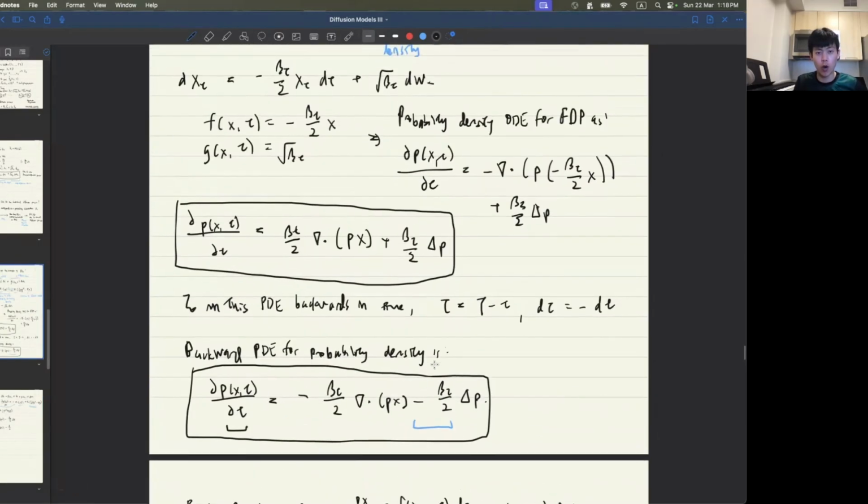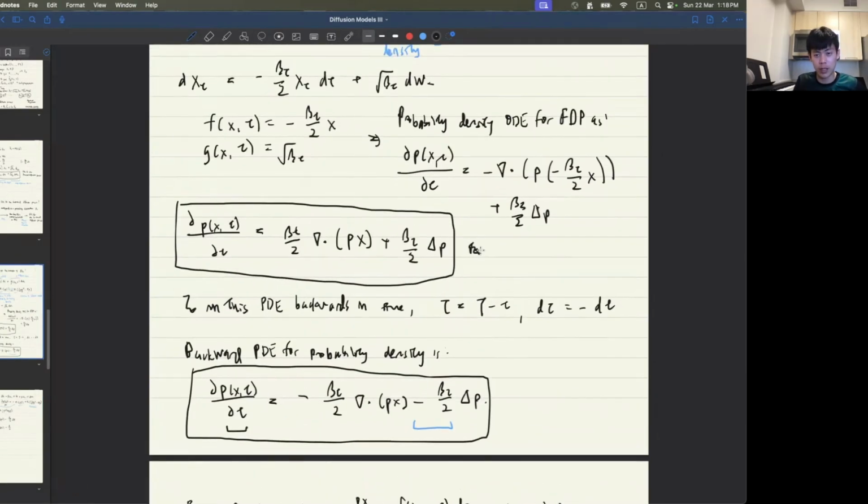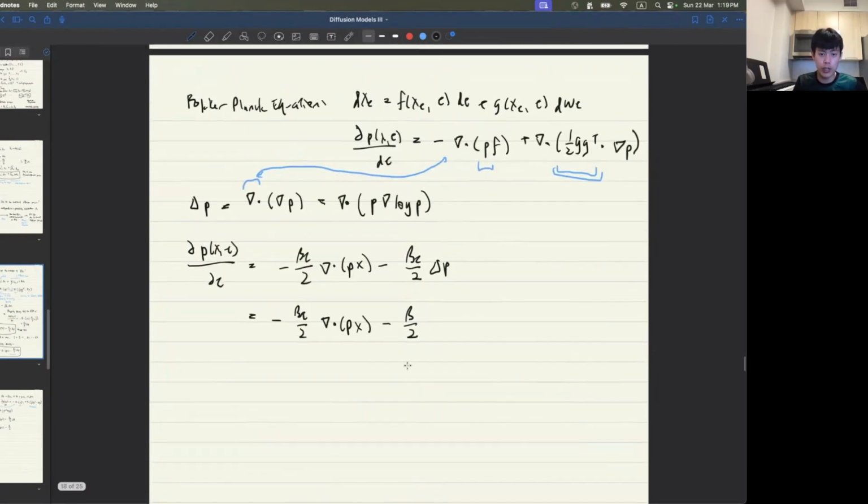If we look at our forward PDE, or how the probability distribution of the forward diffusion process evolves, we see that the latter term is a positive beta t over 2 times the Laplacian of p. And it will be ideal if the backward process has something of a similar form. So I'm just going to do some wishful thinking and write plus beta t over 2 times the Laplacian of p. And because I added this term, I need to subtract beta t times the Laplacian of p to make these two things equal.